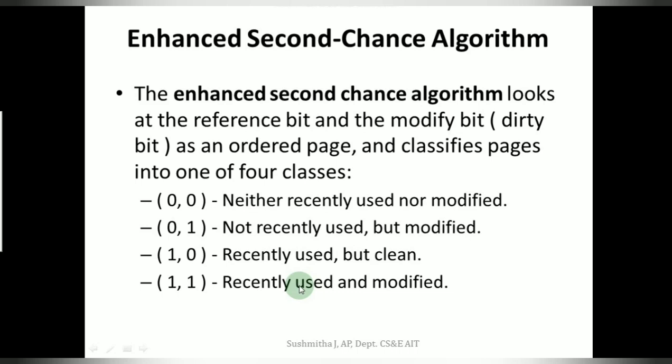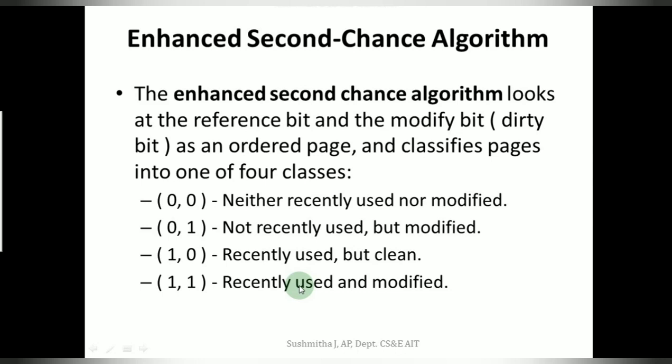Now what happens here? We saw the second chance algorithm works in a circular fashion. In the first pass, it is going to check for a page that has 0 0, that is neither recently used nor modified.